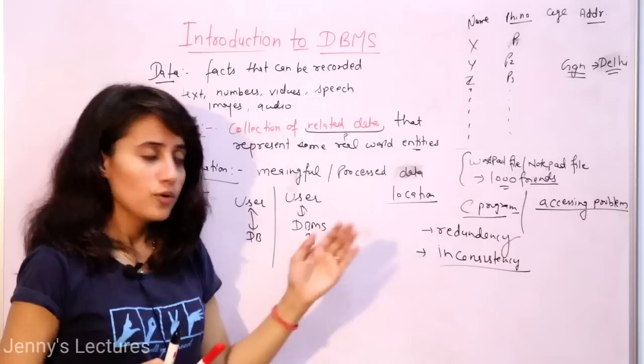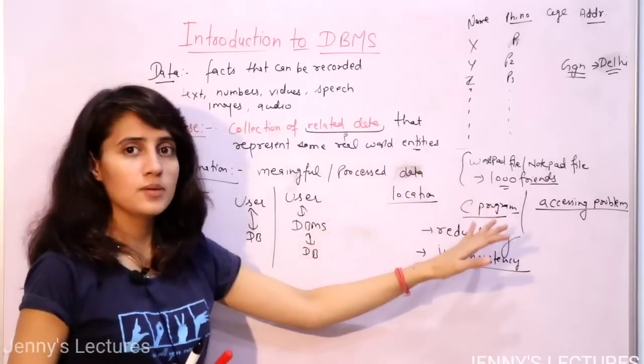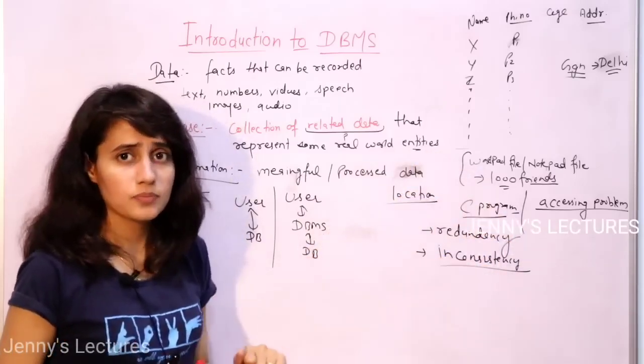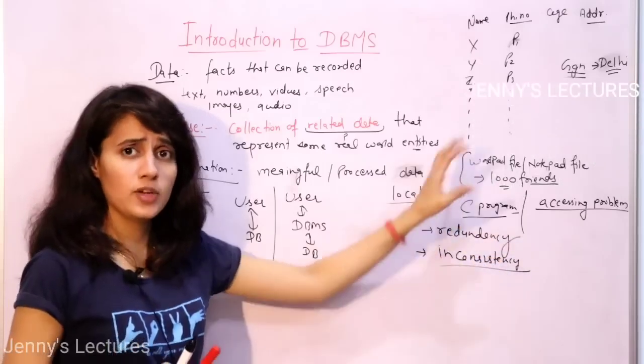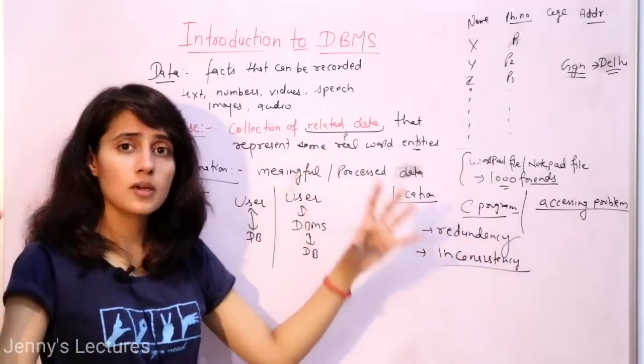So in DBMS security is better on the database, while in a file system security is a problem. Accessing is also a problem. Manual searching would be very difficult if the database is large.